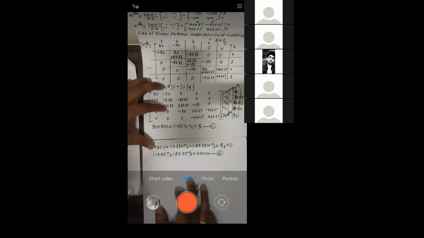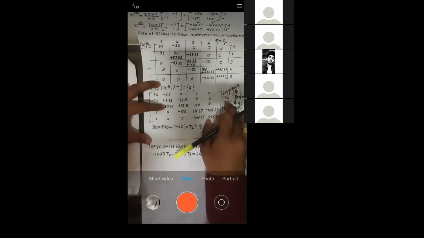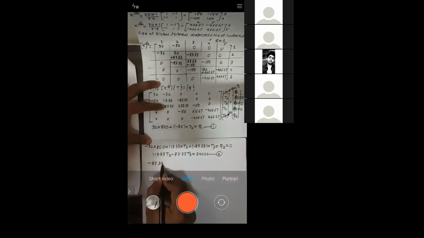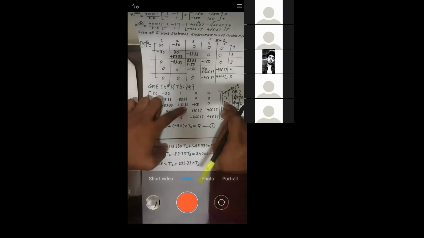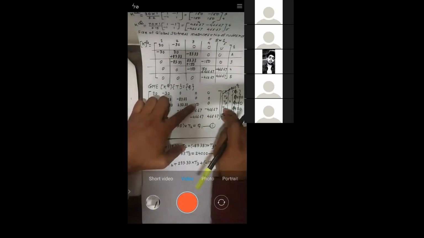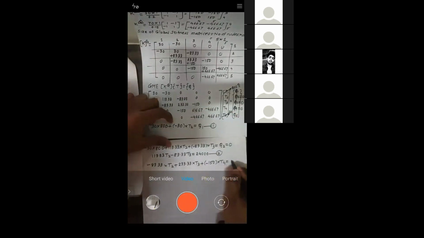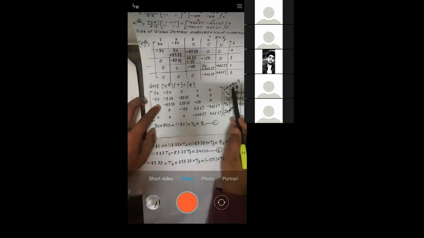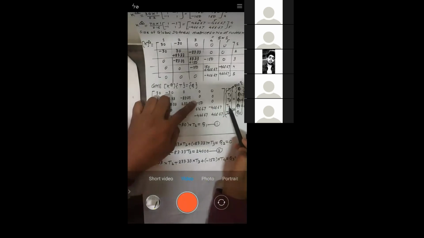Understood? Now go to the third row multiplied by column. 0 into 800 is 0, minus 83.33 into T2, plus 233.33 into T3, minus 150 into T4.